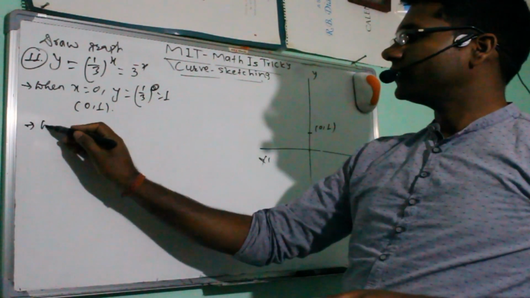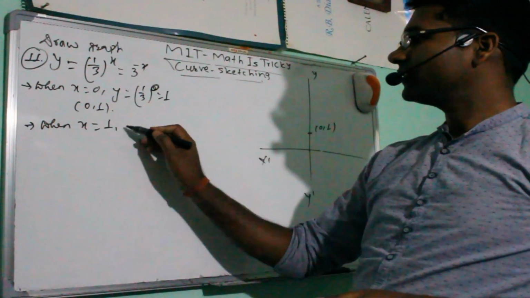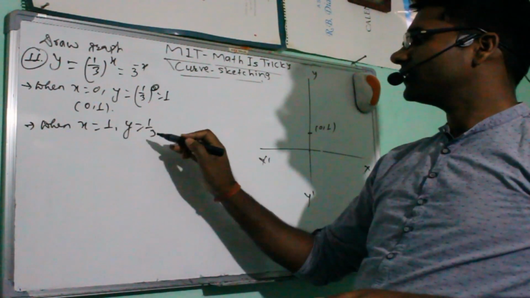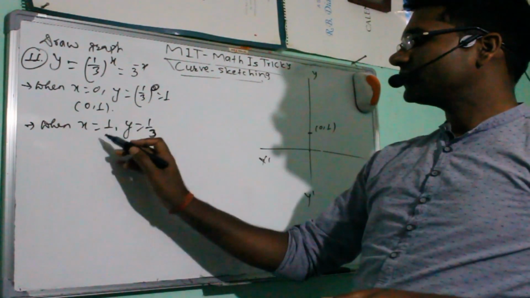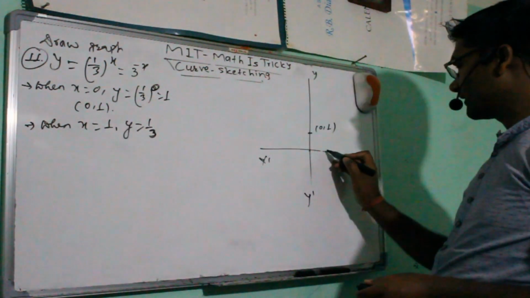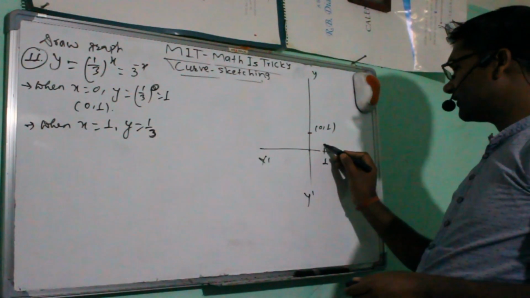Let's take 1 point. When x equals 1, y equals 1 by 3. You can see that x is increasing but y is decreasing. For x equals 1, y is 1 by 3, so it will be here.